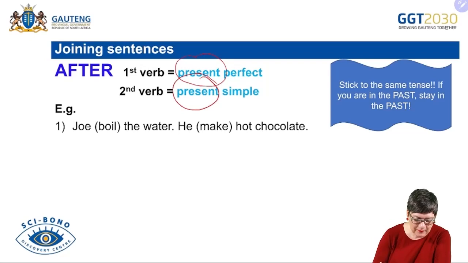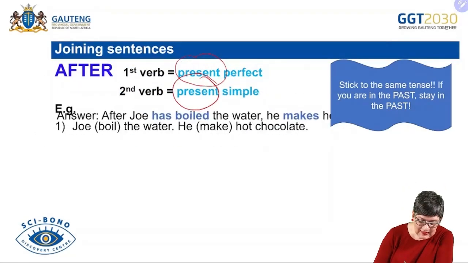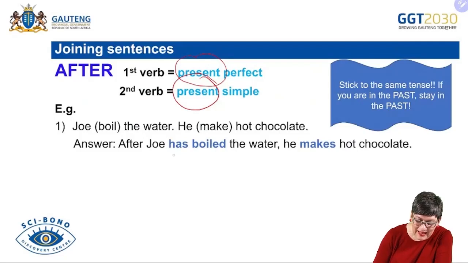Let me give you an example. Again, we've got two sentences. Joe boiled the water, he make hot chocolate. So we're going to use after, and we're going to say, after Joe has boiled, that's my perfect tense. So here I've got the third column verb.